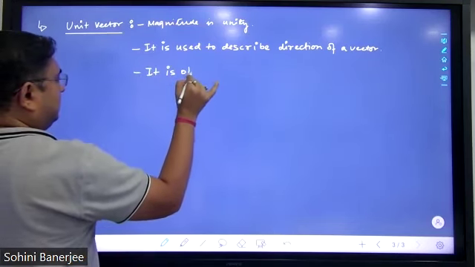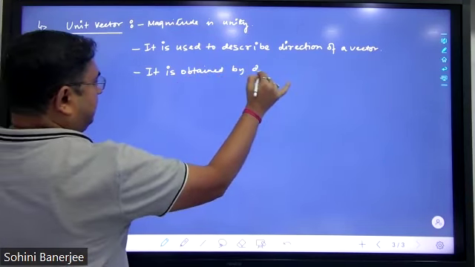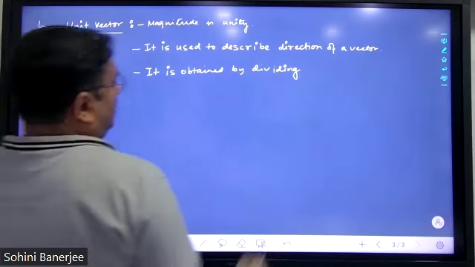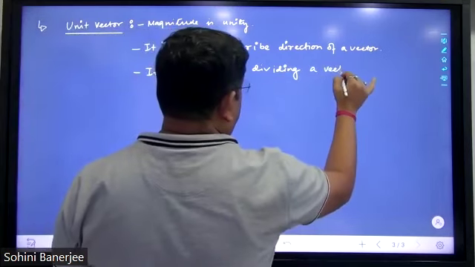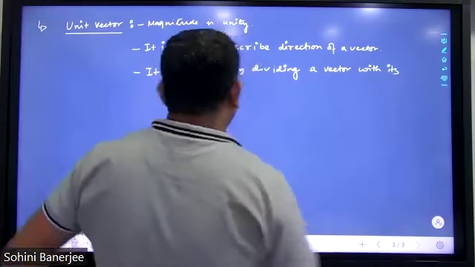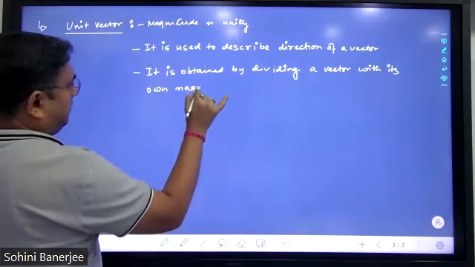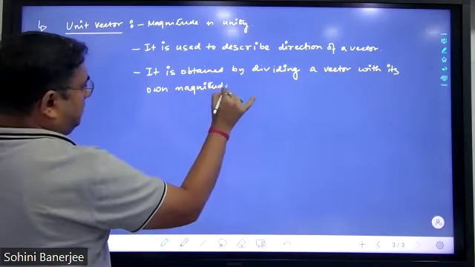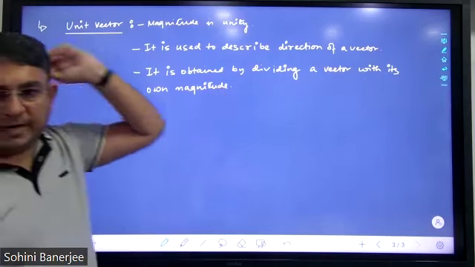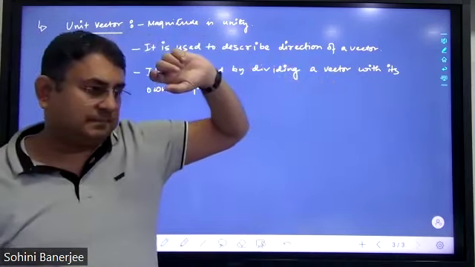It is obtained by dividing a vector with its own magnitude. Here, if you divide a vector with its own magnitude, that gives you unit vector.